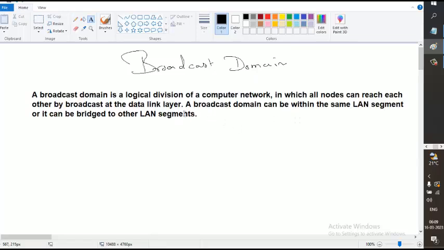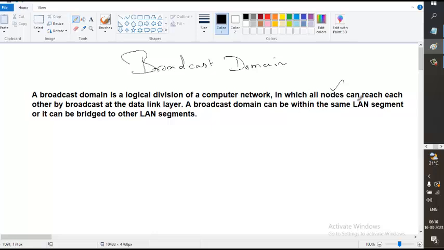What it says is the broadcast domain is a logical division of a computer network, in which all nodes, meaning a computer or any device that can participate in networking, even a router, a printer, a laptop, a PC. So that's what node means.